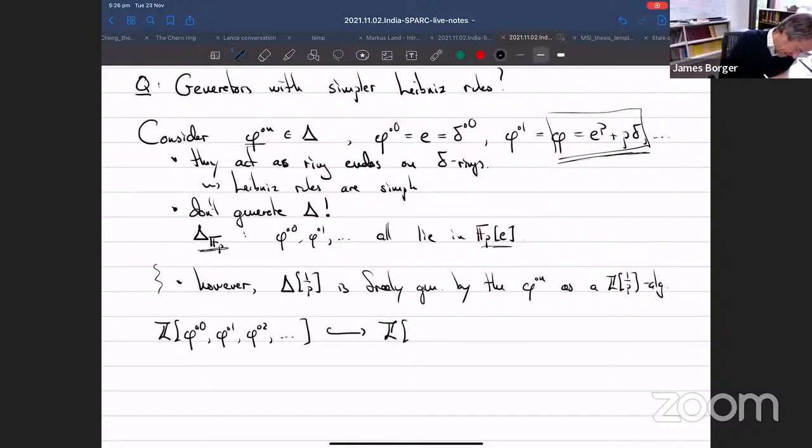So in particular, they're algebraically independent. And so we have an injective homomorphism here, and it induces an isomorphism if you invert p. So this is what we call delta, and now let me call this capital Phi.